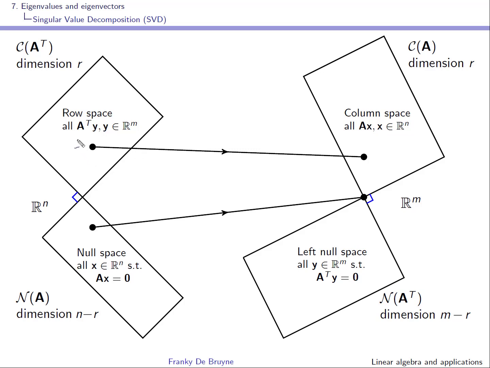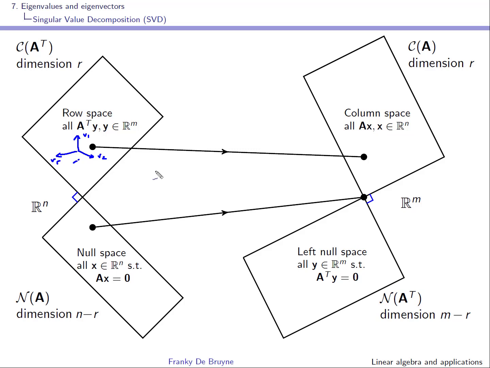So is there an orthonormal row space basis? We'll draw it like this. We'll call it v1, v2 up to vr. So these vectors are orthogonal and they have length 1, so they can function as an orthonormal basis of the row space.